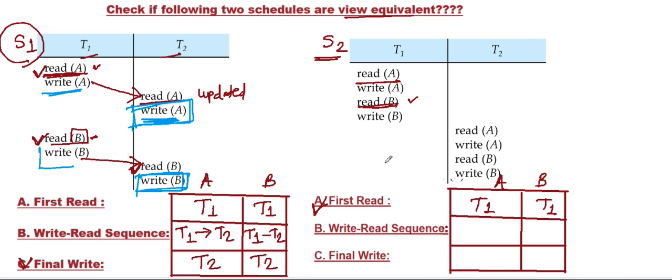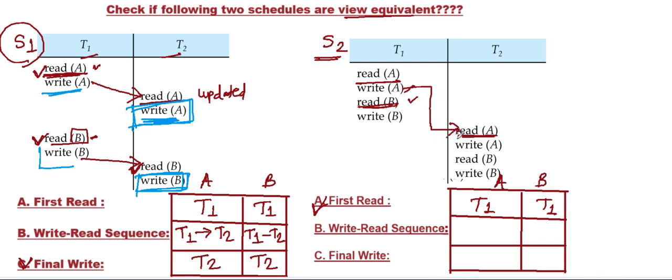Then the write read sequence, meaning a write occurring first and then a read in a different transaction. Check this read operation on A occurring after this write operation. So this has produced and this is consumed: producer consumer.